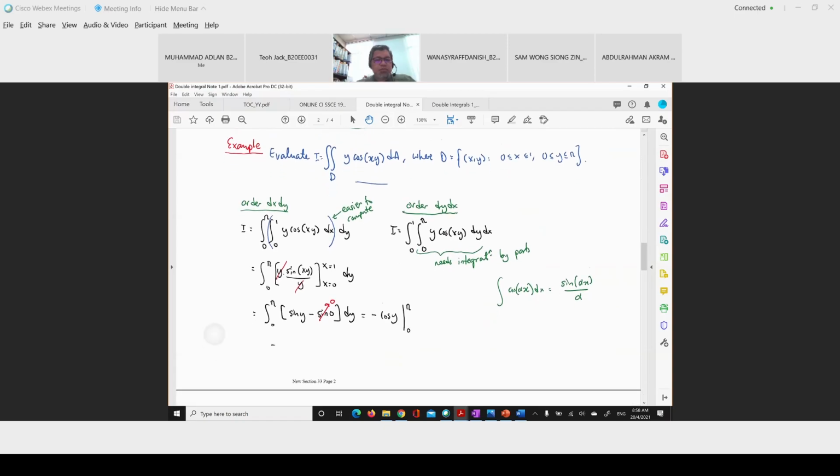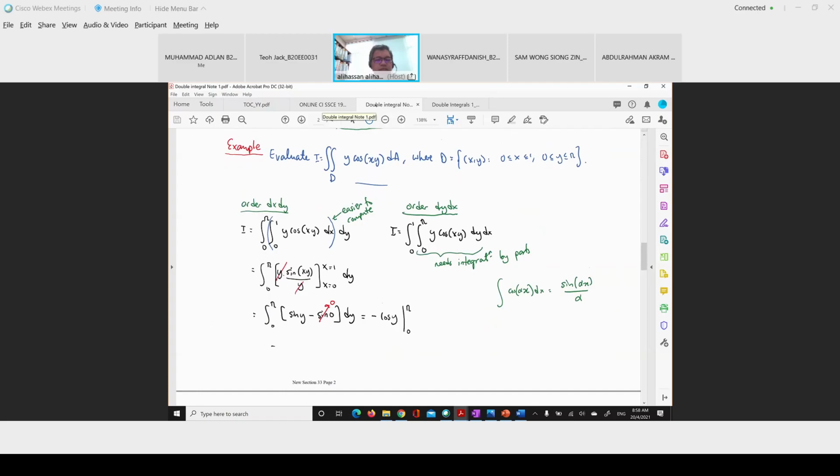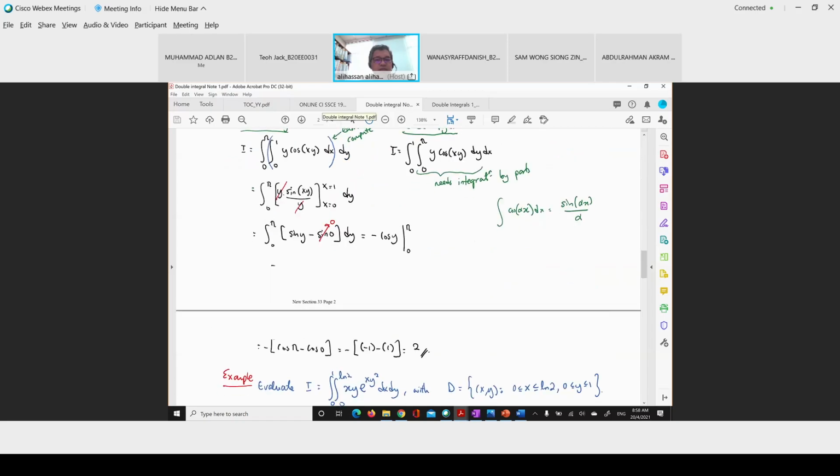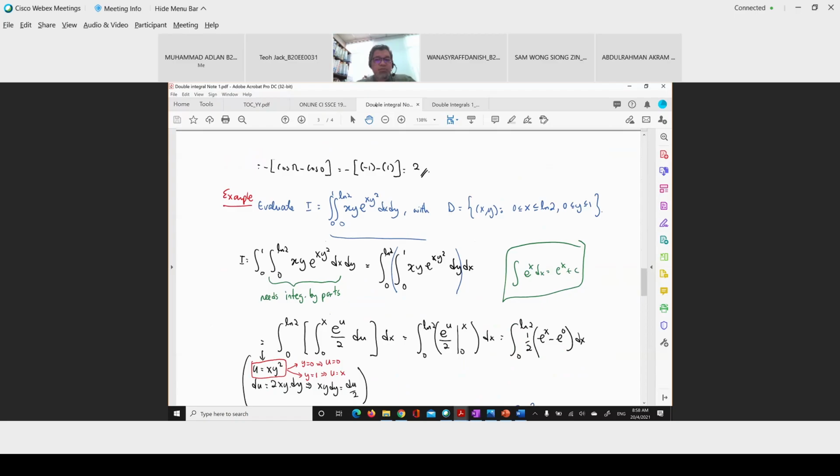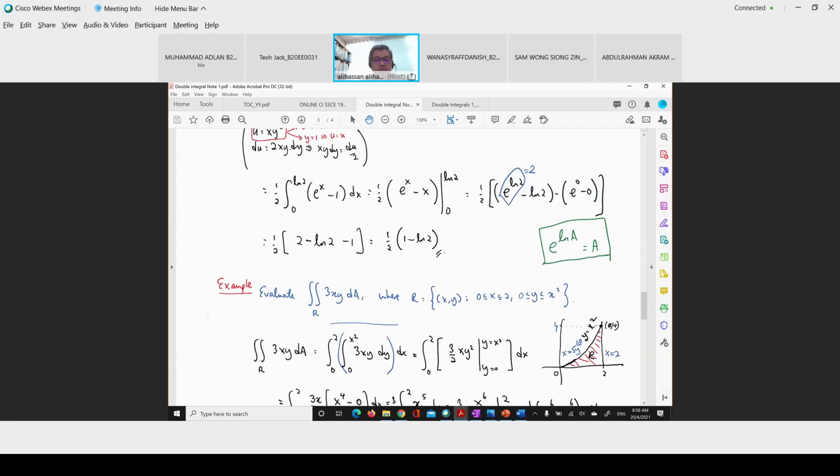Sometimes it is easier to evaluate a double integral using a certain order. There are two orders, dx dy or dy dx. Sometimes one is easier than the other. I also showed you some examples where the region is not a rectangular domain.